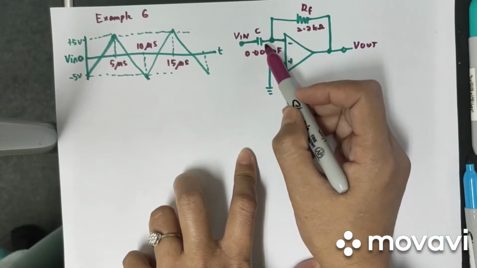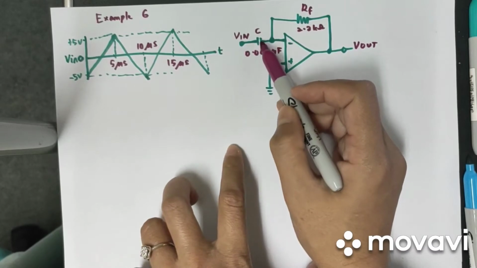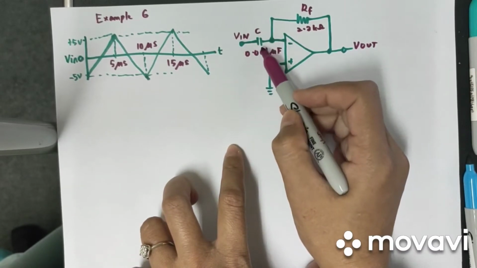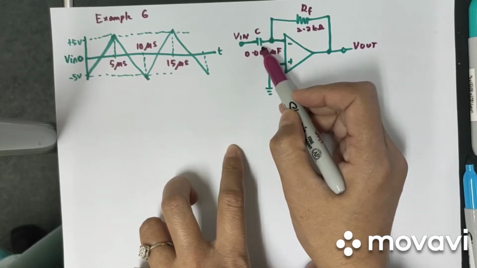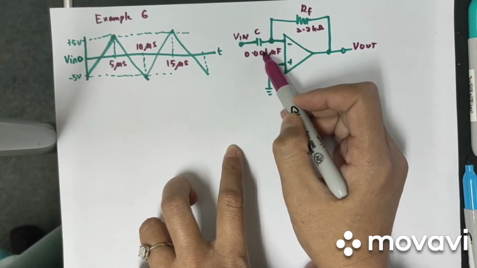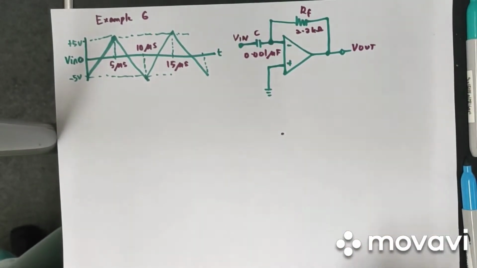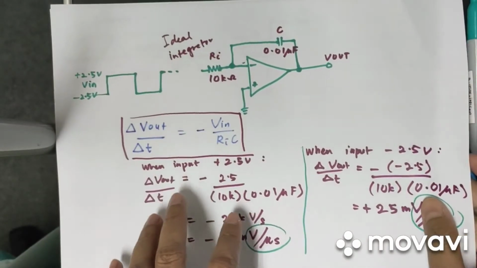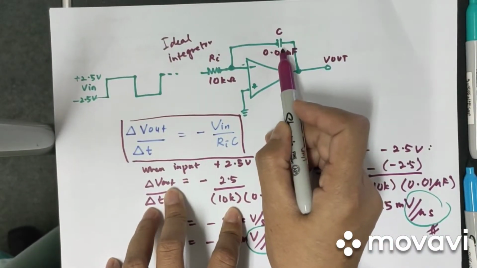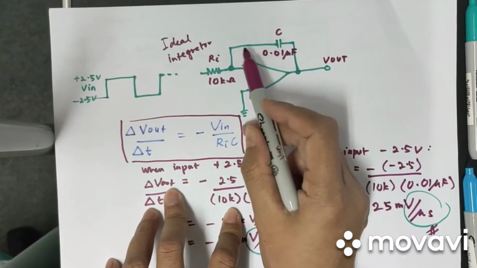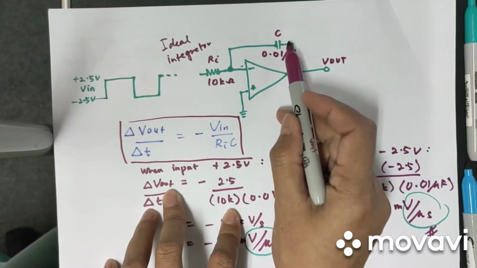For the differentiator, the capacitor is put in the input side of the op-amp, whereas for the integrator kind of op-amp, the capacitor is put on the feedback side from V out, and this is the capacitor.